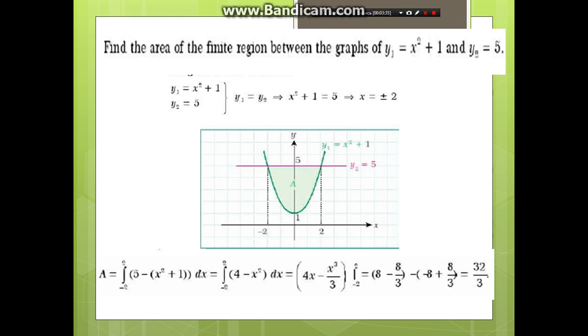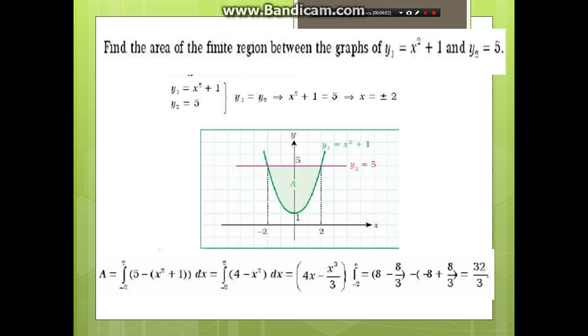If you sketch a graph, we can see that the interval is set by the intersection of the two lines y is x squared plus 1, y is 5. Therefore, we need to solve the two functions simultaneously to find the upper and lower limits for the integral.